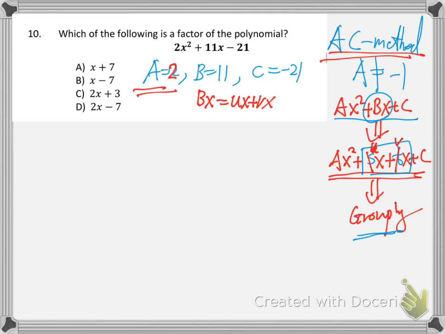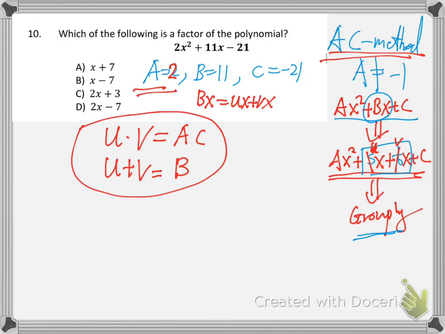So u times v, again, is a product condition, is a times c. And u plus v is b. So that's why it's called AC method. You see the product is not c, it's a times c. It's AC method because product is a times c.